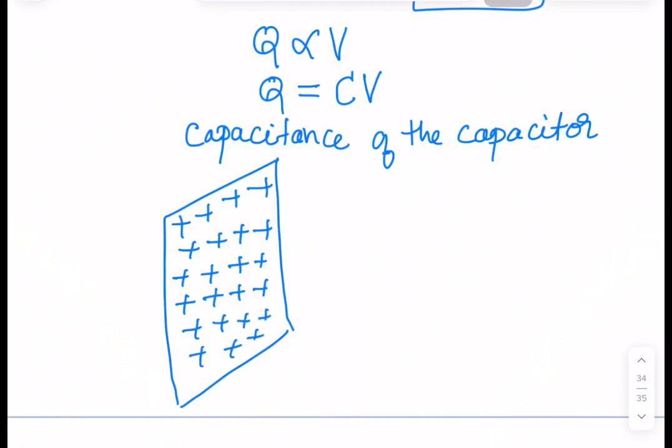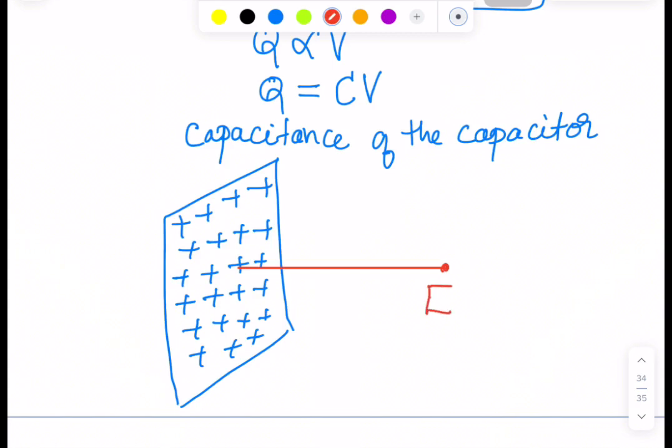In the previous class you derived an expression for the electric field at a point at some distance from the charged plate, using Gauss theorem.